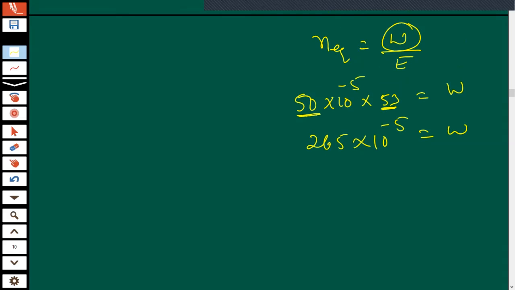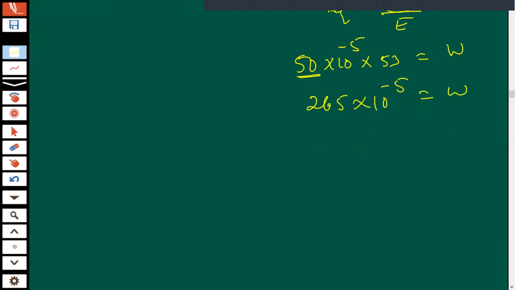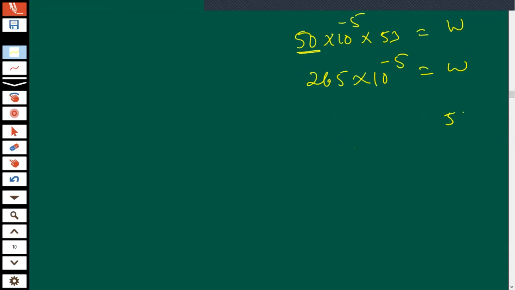Why is this person giving the wrong answer? It will be 265 into 10 to the power minus 4. I said 4 only; you have written 5. Is it correct now? Yes, sir. Now it is correct.